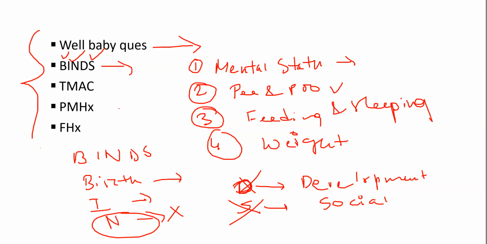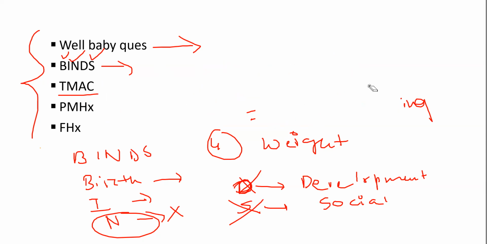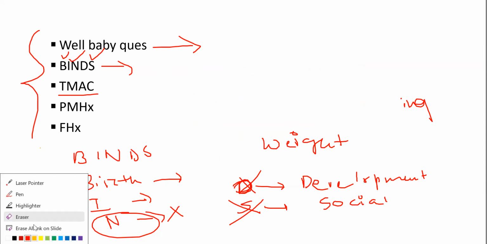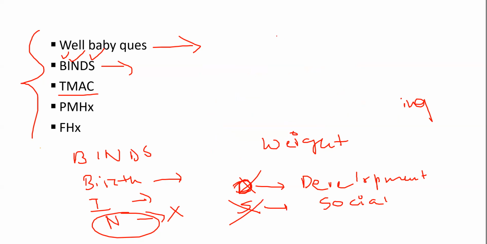After we have done the BINDS, then we will go to the TMAC. So TMAC has some mnemonics in here. Now, TMAC is not for every child, it's always relevant. So T for travel. Travel history has nothing to do with the vomiting here.